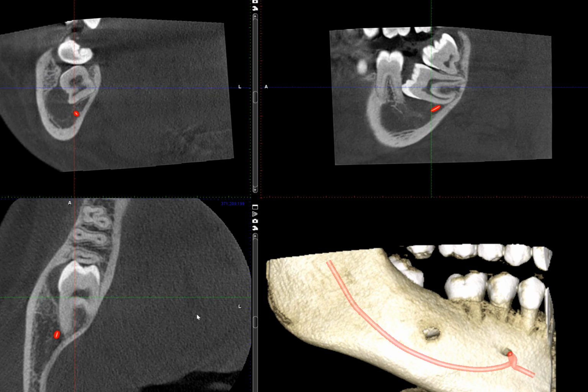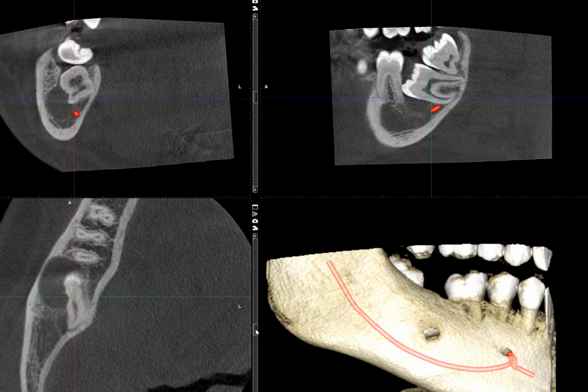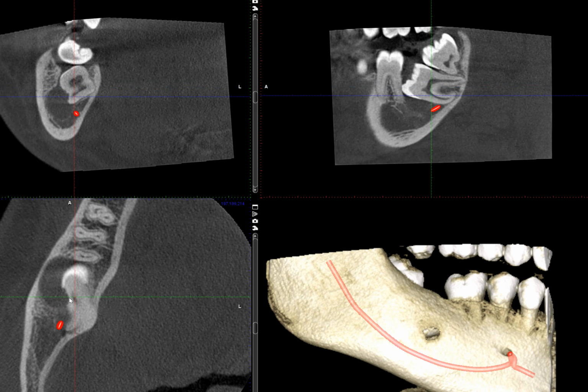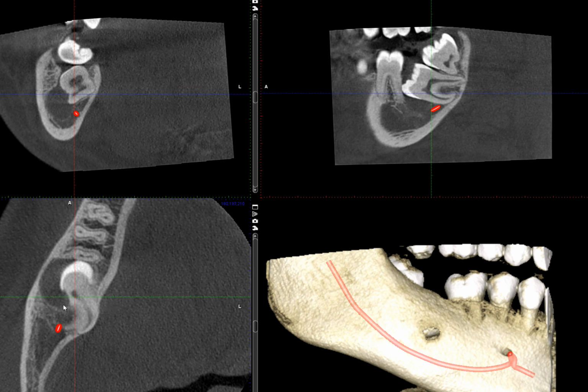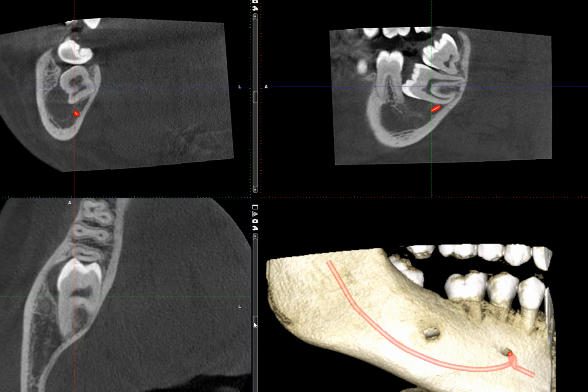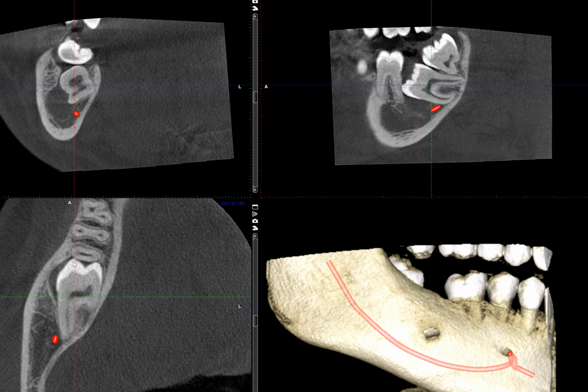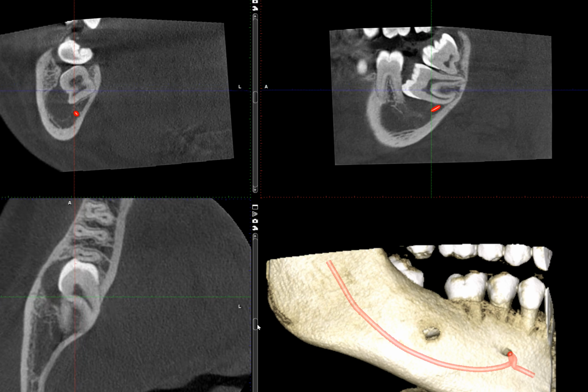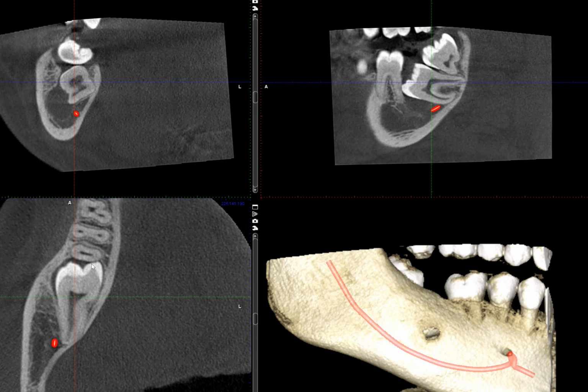Now let's look at this in the axial plane. Again, there's that resorption that I talked about, and then the buccal expansion of the lesion into the buccal cortex. And thankfully, I don't see very significant resorption at number 30. I think what was unique for me was that this is expanding primarily in the buccal and inferior direction, and that there is really no expansion whatsoever at the level of the occlusal plane.